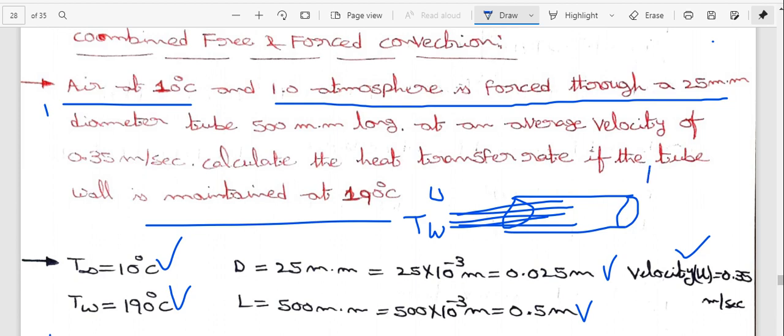Here the air temperature, T infinity, outside the body is equal to 10 degrees.